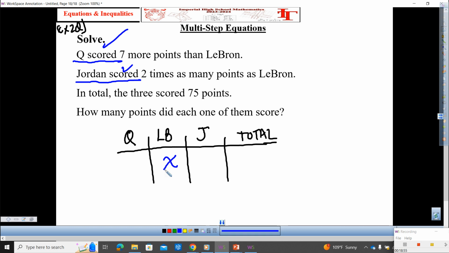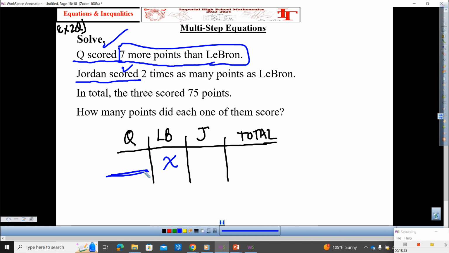Okay, so now that we have our X, we're going to go back again, read it again, and now we're going to label the other ones. Here it goes. Q scored 7 more than LeBron. Okay, think about it. If LeBron is X and Q scored 7 more than LeBron, tell your neighbor what we would write right here.